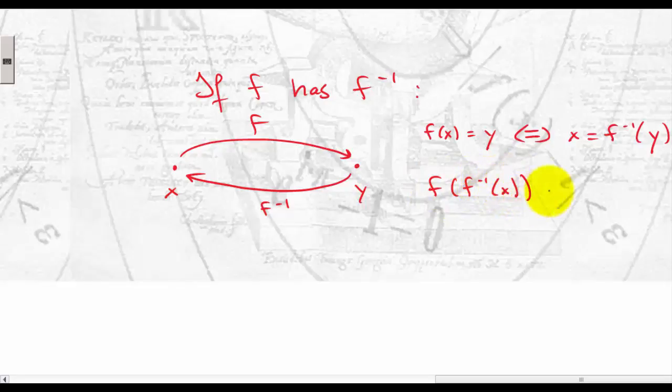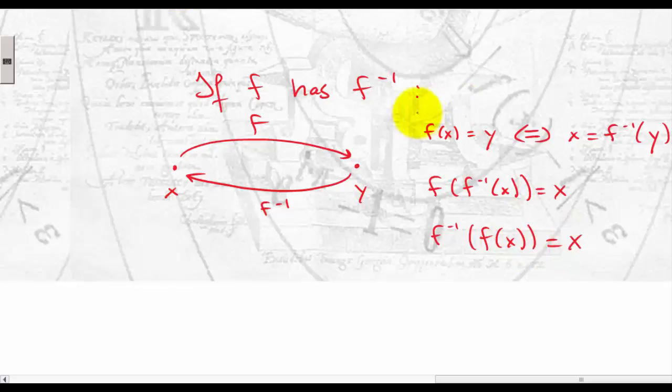Here we go. f of x is equal to y if and only if x is equal to f inverse of y. Input becomes output, output becomes input. Or, second relation, which is equivalent, f of f inverse of x is equal to x, or, lastly, f inverse of f of x is equal to x.